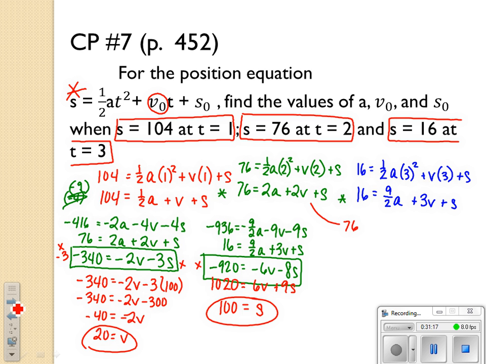So 76, we don't have a yet. 2 times v, which was 20, plus s, which was 100. So simplifying, we're going to get 140 over here.